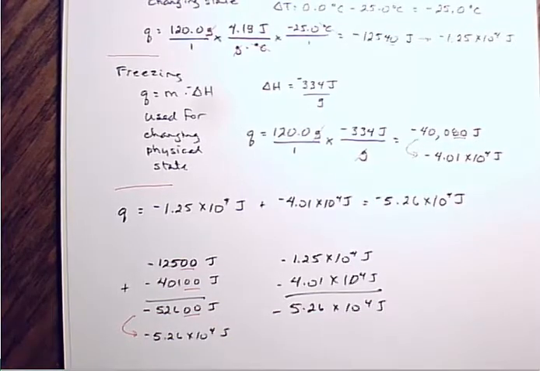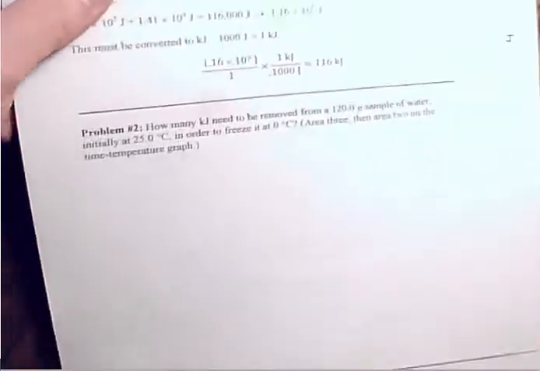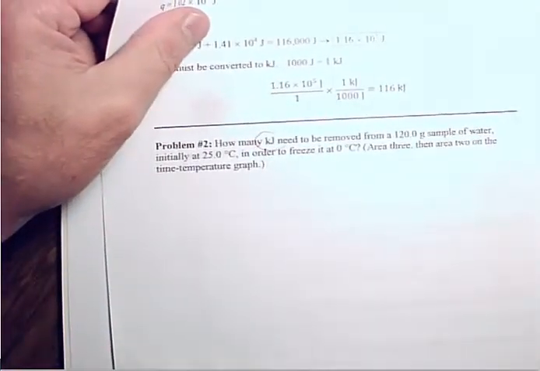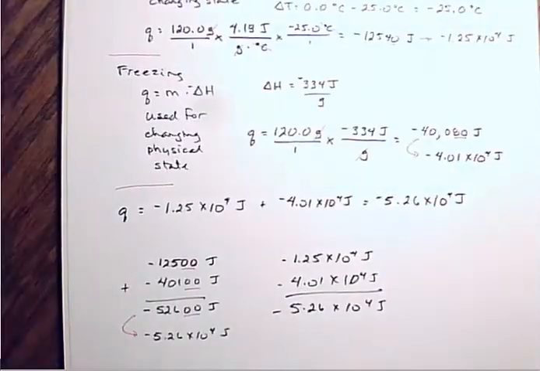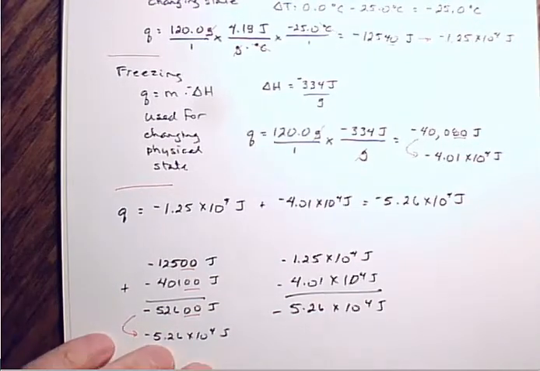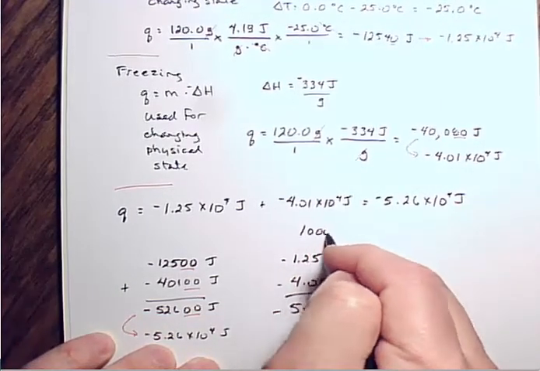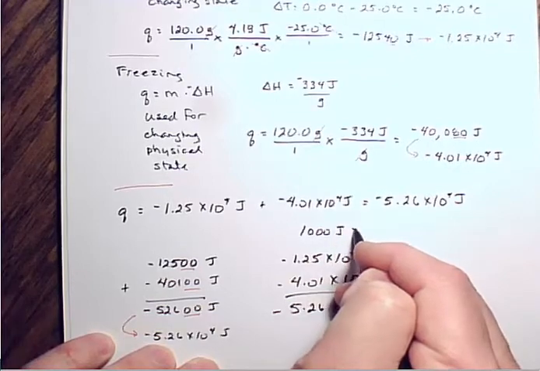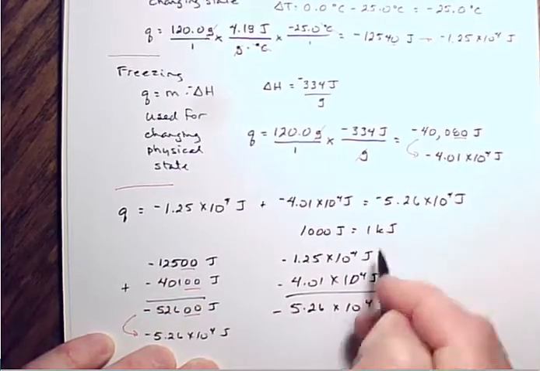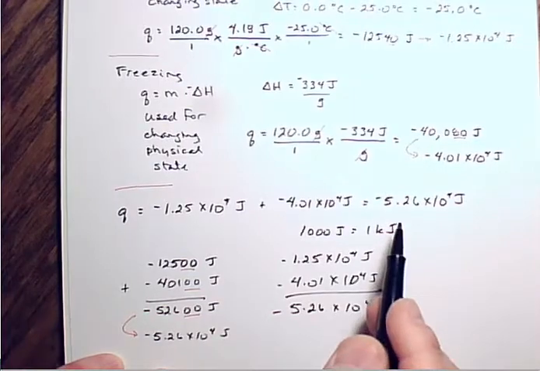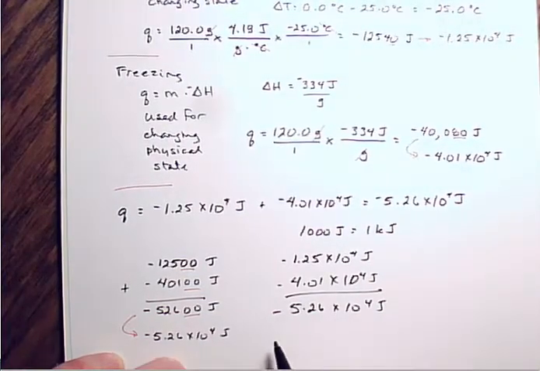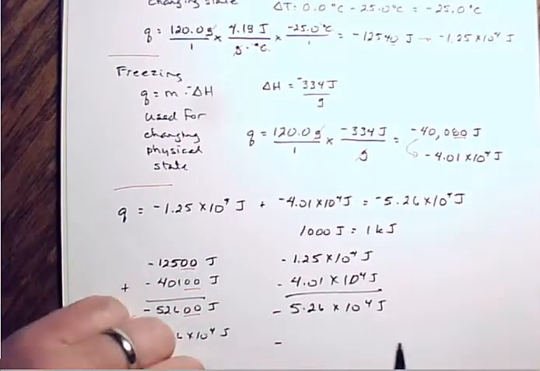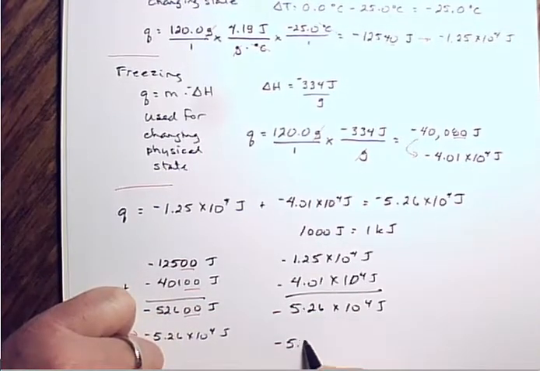All right? Now, the question, though, asks you to find your answer in kilojoules. So we still have to convert the joules into kilojoules. And you should know there are 1,000 joules in 1 kilojoule. All right? Using that, we can build a conversion unit, taking this number, negative 5.26 times 10 to the fourth joules.